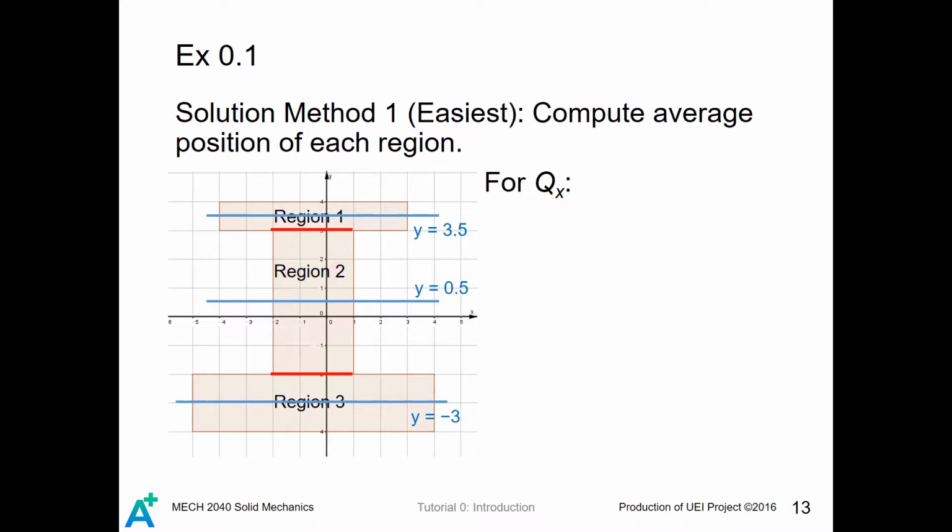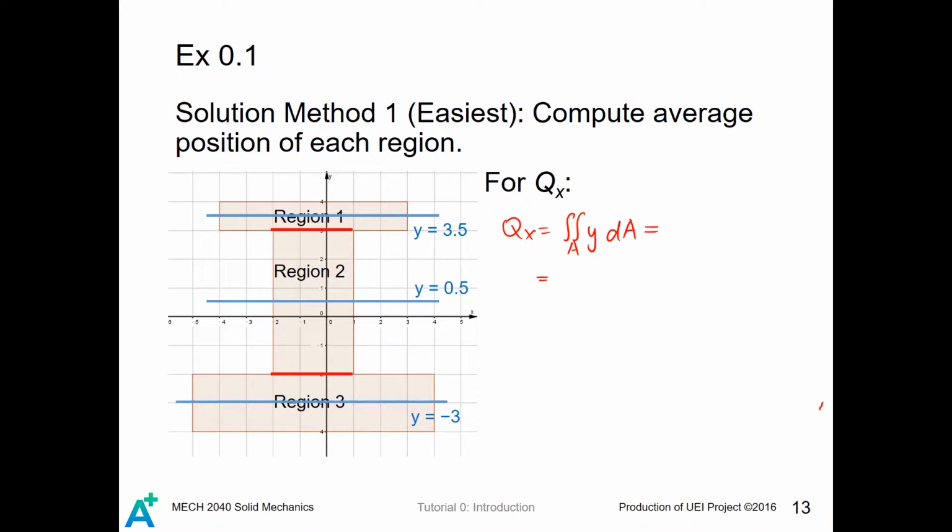Now let's compute the Qx. Qx is given by the area integral of y for each differential area, which equals, so we consider each of them one by one since we're doing the integral, and we know that integral is the summation.